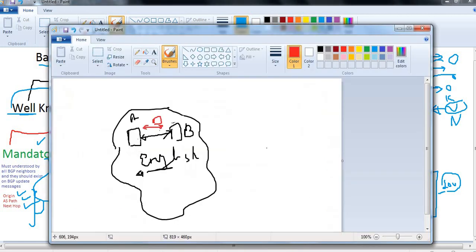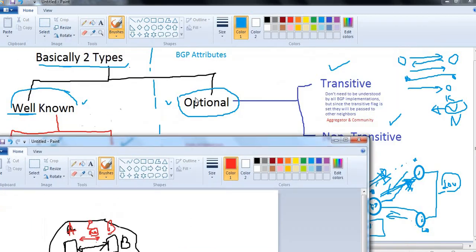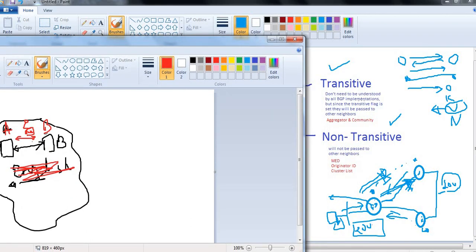The same example: two people sitting in a classroom, they don't have to understand English, but when they pass some information, when they send notes between each other, they'll write something, and it has to be English. This you could compare with transitive.